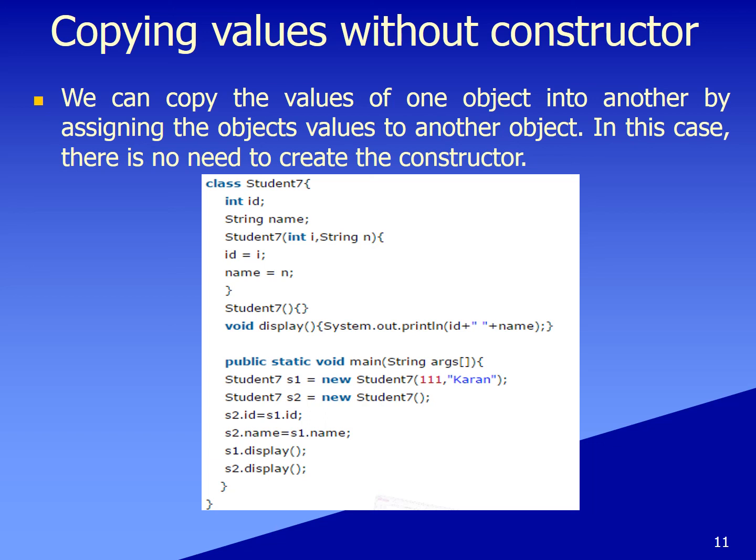After that, s2.name equals s1.name, so the s1 name is copied to s2 name. You can see that we can copy the values without using a constructor.